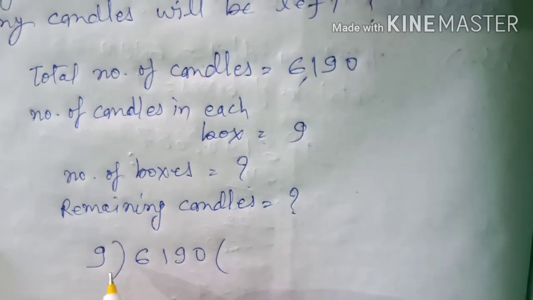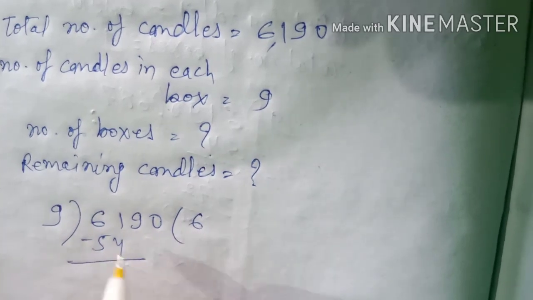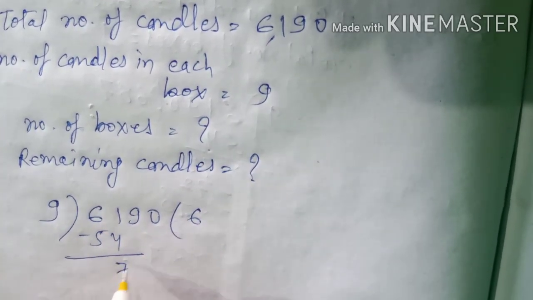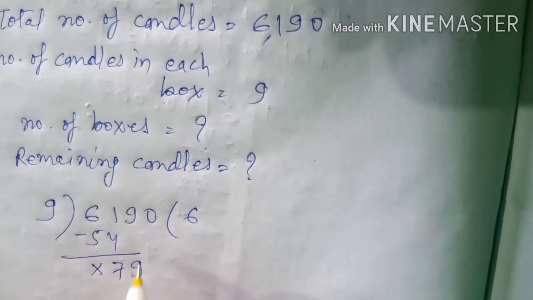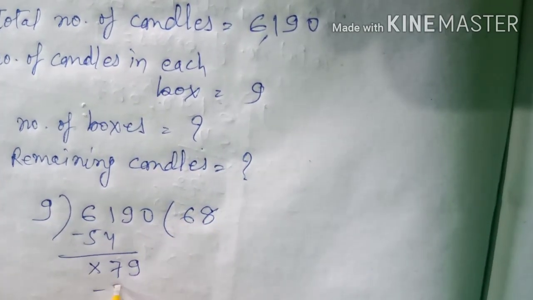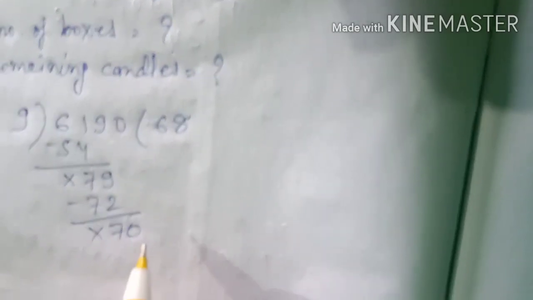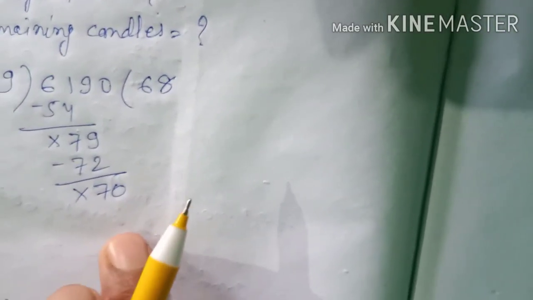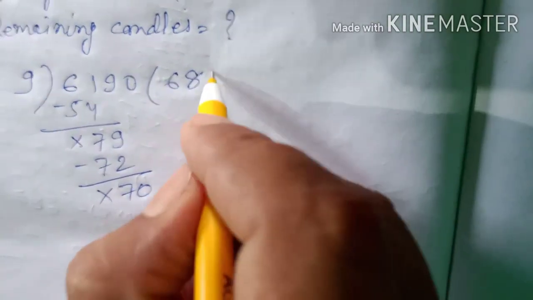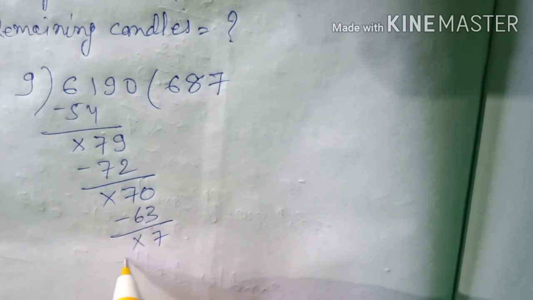So divide. 9 sixes are 54. Here will come 7, then 79. 9 eights are 72. Here is 7, 70, and 9 sevens are 63. Here will come 7.